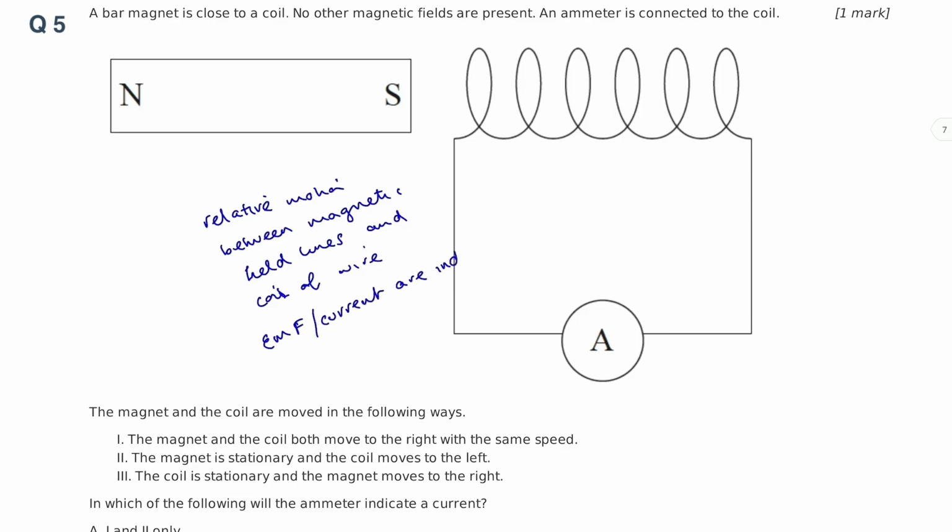So we're looking for relative motion to make a deflection on that ammeter. The magnet and coil are both moved in the following ways. Which of the following will the ammeter indicate a current?